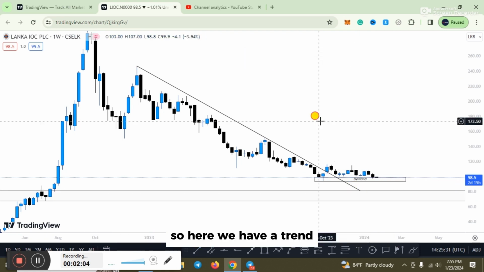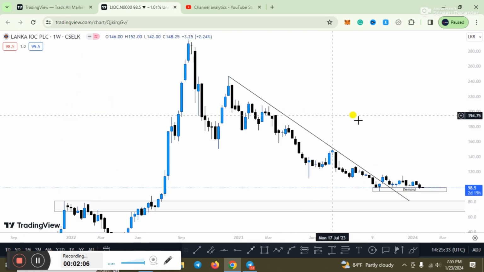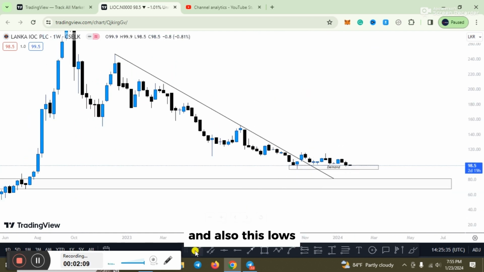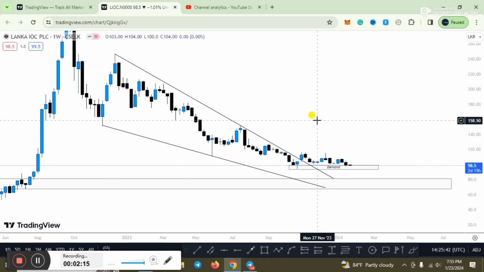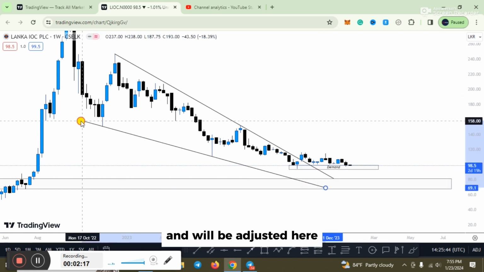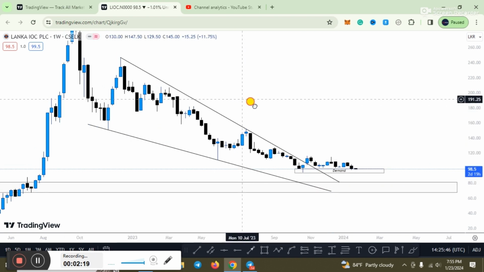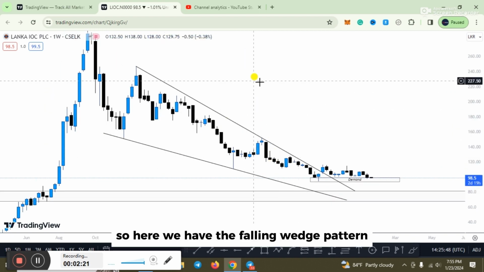So here we have a trend, and this lower lows has been connected and will be adjusted here. So here we have the falling wedge pattern.